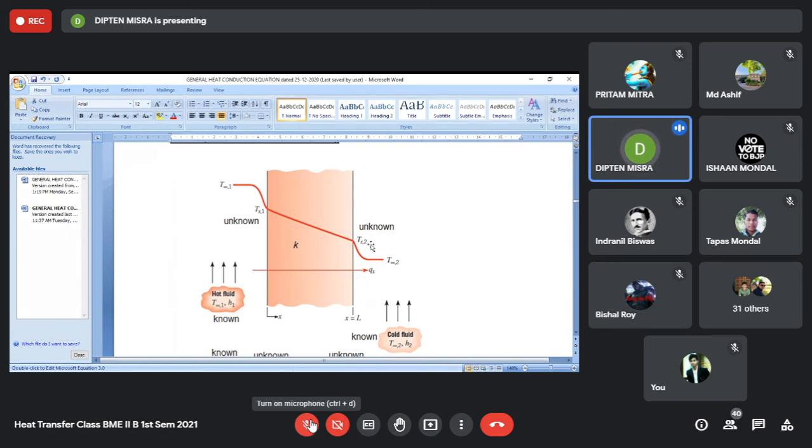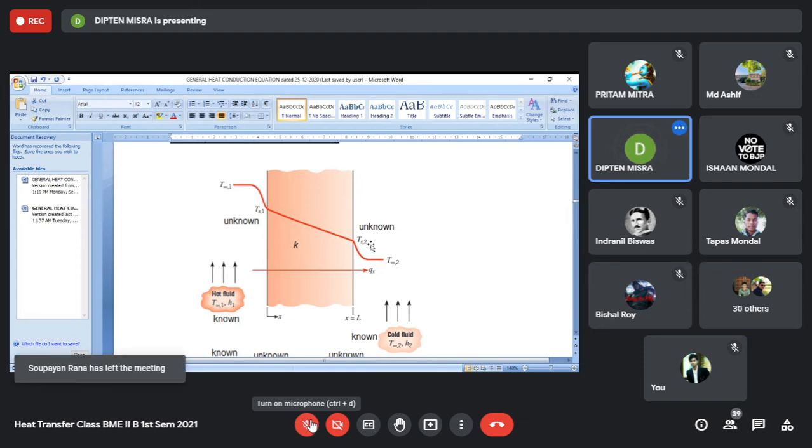If we can compensate that energy by supplying from an external source, maybe through an electrical heater, maybe through a steam heater, at the same rate, then we can maintain constant temperature inside the room.